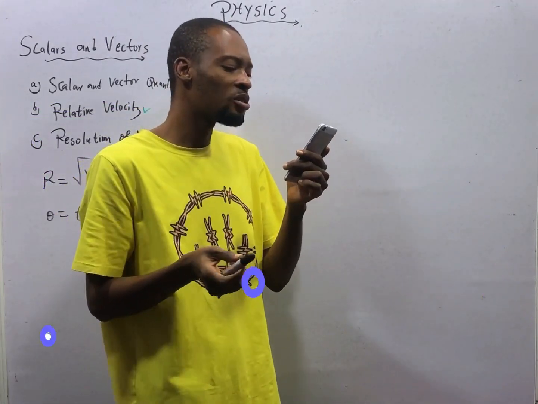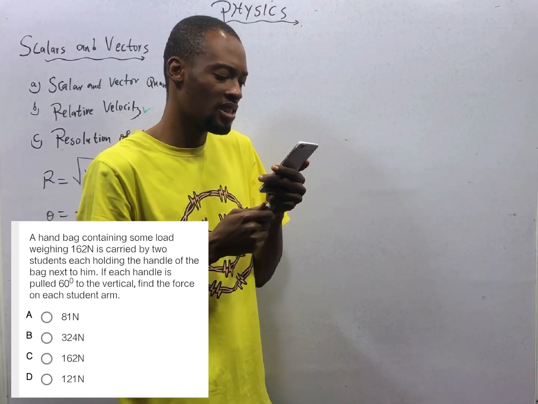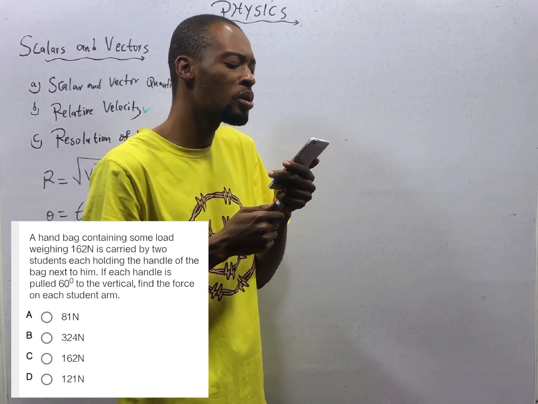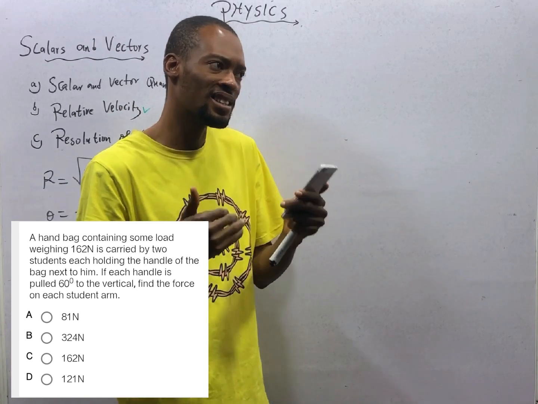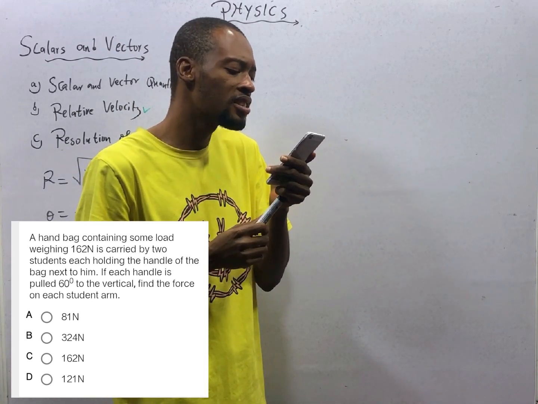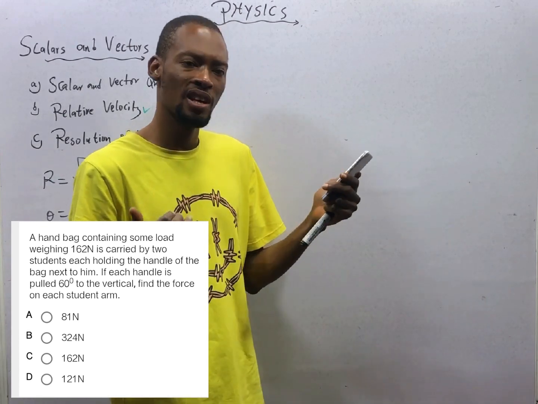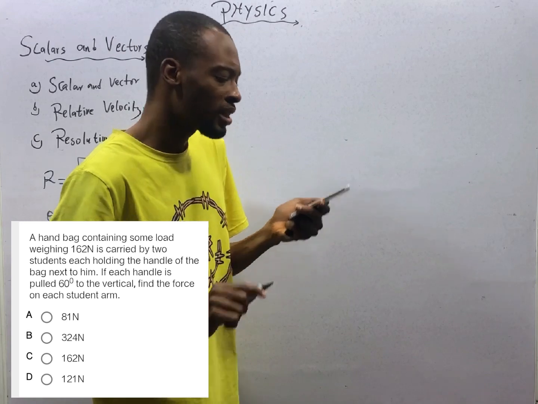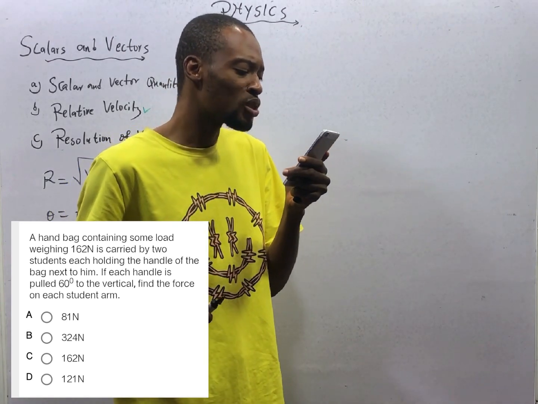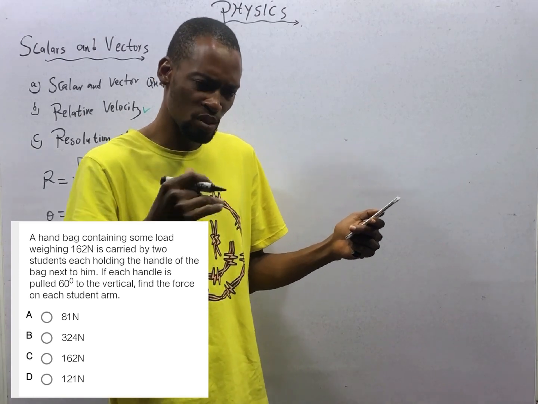A handbag containing some load weighing 162 Newton is carried by two students, each holding the handle of the bag next to him. If each handle is pulled 60 degrees to the vertical, find the force on each student's arm. Look at this. That is the weight.